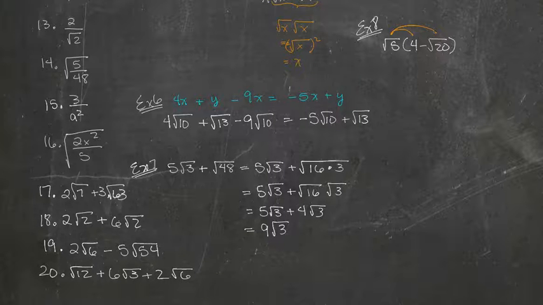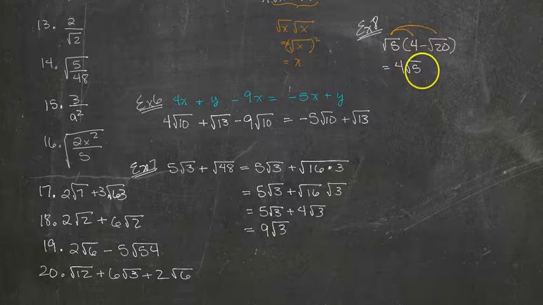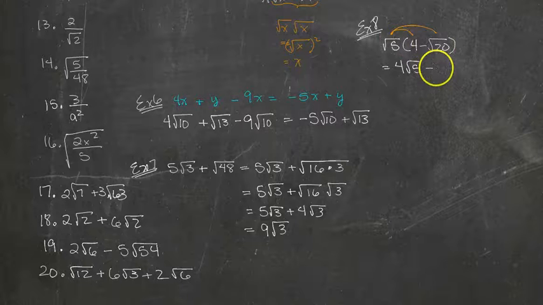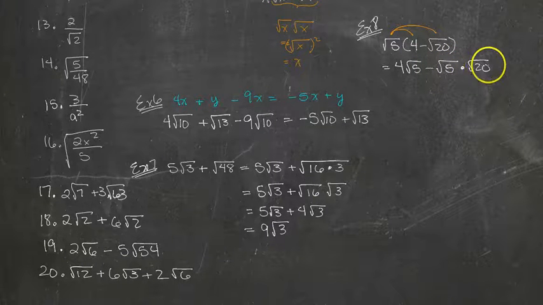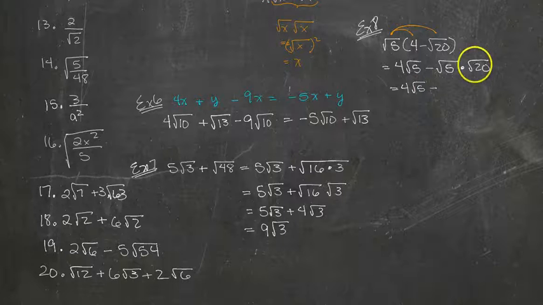So if I distribute, 4 times the square root of 5, I get 4 root 5 minus root 5 times root 20. And in this case, it's easier just to do root 5 times root 20. Just write it out because I'm going to reduce this root 20. So I have 4 times the square root of 5 minus, well, root 20 has a contained perfect square in it.